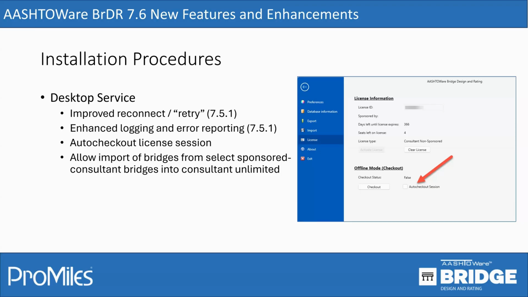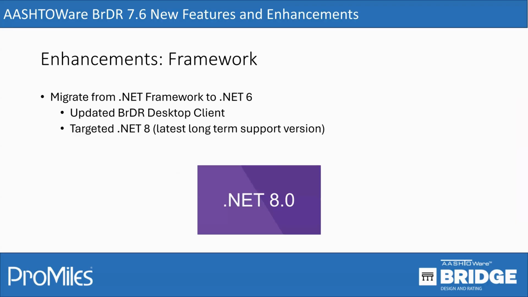Moving on from the installation procedures, this is a big upgrade for the framework. In the previous versions, we were using .NET Framework. I believe we went up to 4.8, though I don't remember whether it was 4.8 or 4.6. But then .NET came out with more platform-independent versions, which are much more suited for code or framework portability.